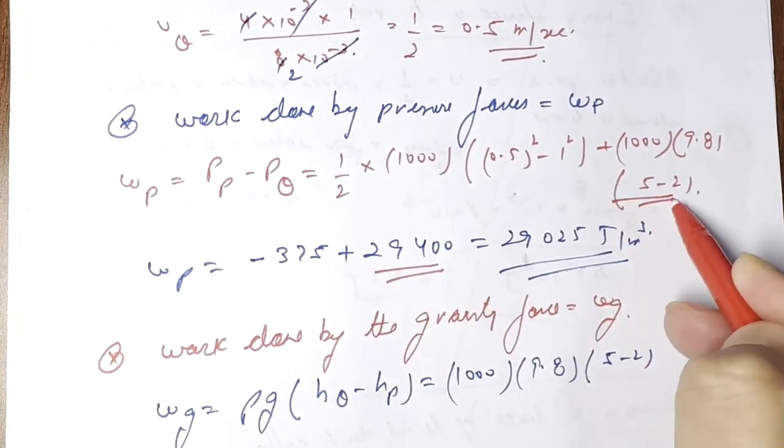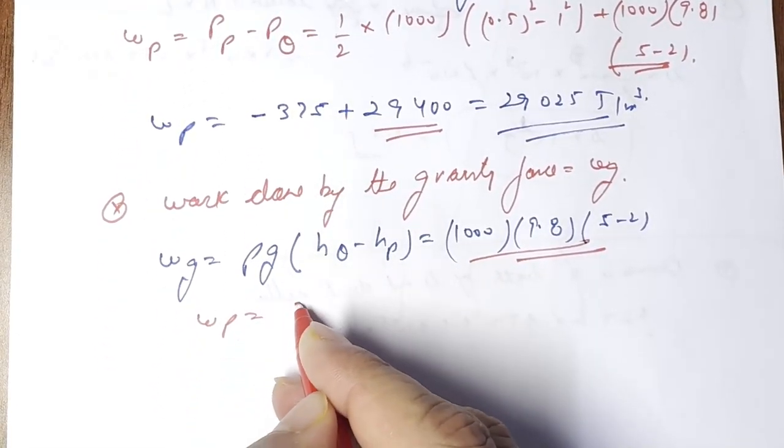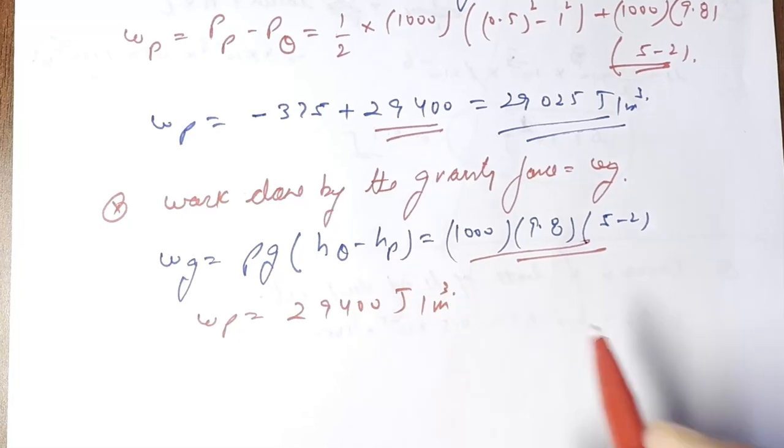This result is for this part, which is same as this part. So Wg is about 29400 joules per meter cube.